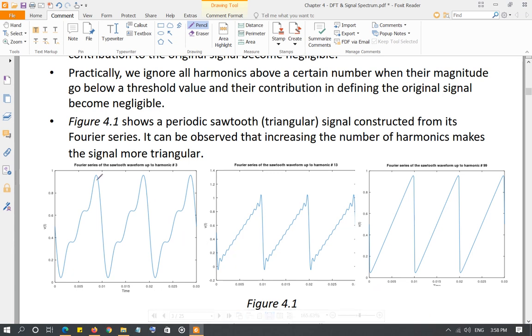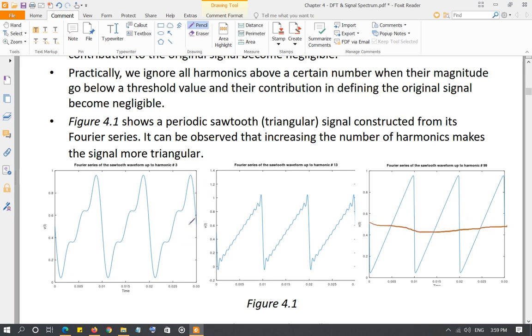Here, I'm not showing you the equation, but basically I'm adding only up to harmonic number 3. So there's an average value, and remember, the average value is the middle point, right here.